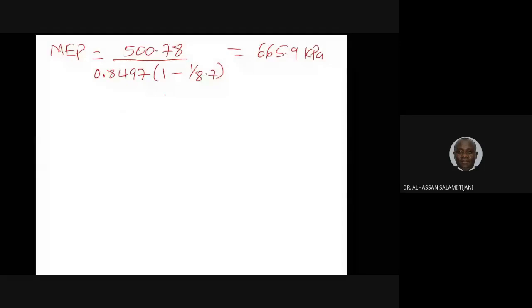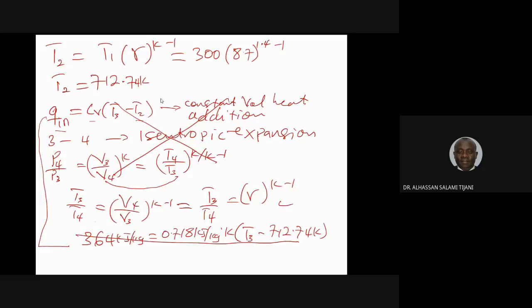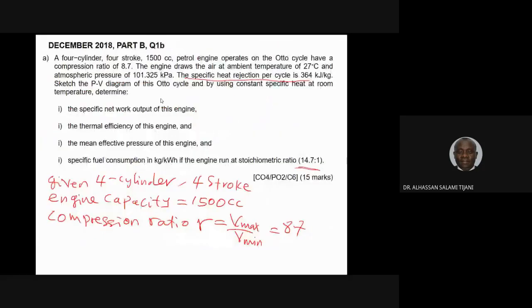Now the last part says we should determine the specific fuel consumption, if I'm not mistaken. Yes, specific fuel consumption in kilogram per kilowatt hour, if the engine is running at a stoichiometric ratio.